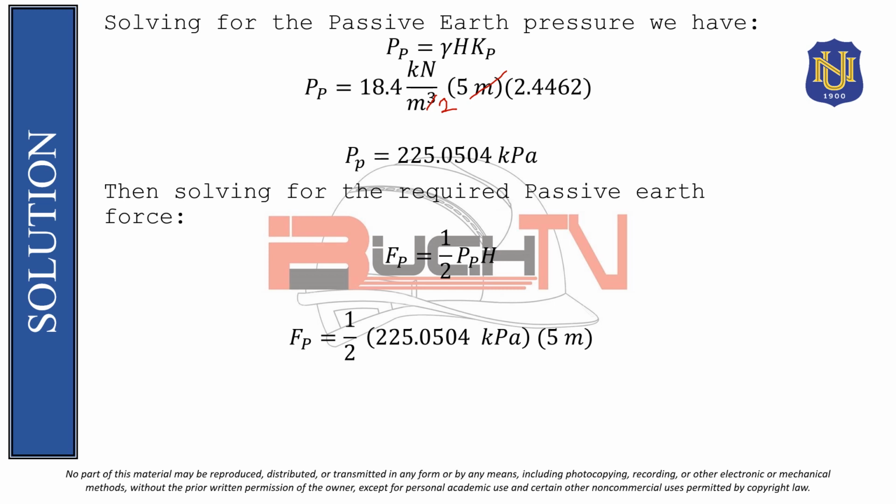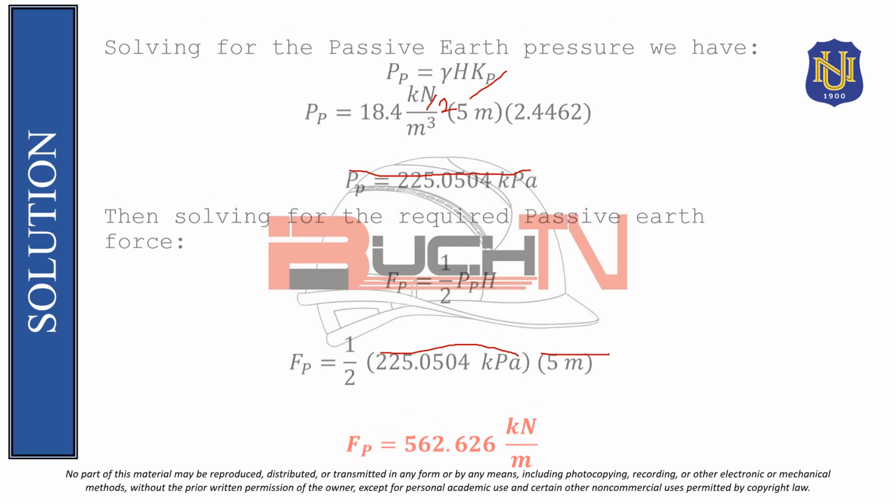Substitute P sub P, which is here, 225.0504 kilopascal times the height of the retaining wall, which is 5 meters. So calculating F sub P, it will result into 562.626 kilonewton per meter. So, the unit of our answer is still in kilonewton per meter, meaning that is a per meter strip analysis.